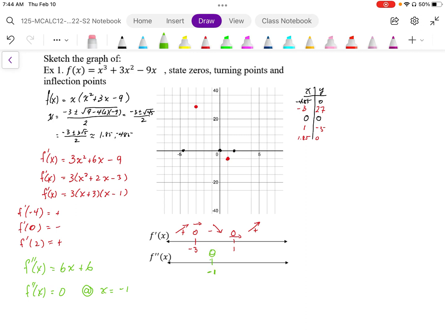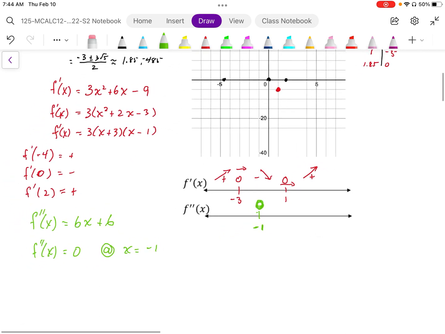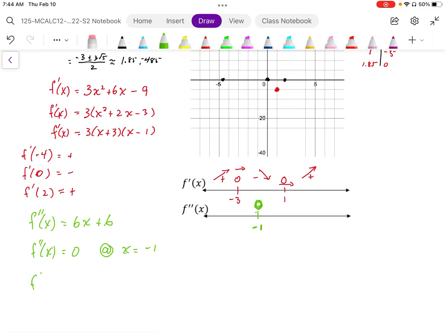Okay, well, we don't know that for sure until we test the actual derivatives. So we're going to test f double prime at negative 2. When we plug that in, I end up with a negative value, so that means it's a negative concavity. And again, my slope chart confirms that.